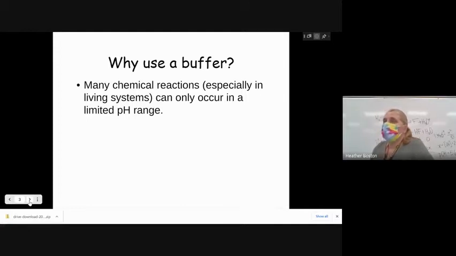So buffering systems help keep things at a normal state. Same thing with your blood. You know that chemical reactions in our body use oxygen and produce carbon dioxide.